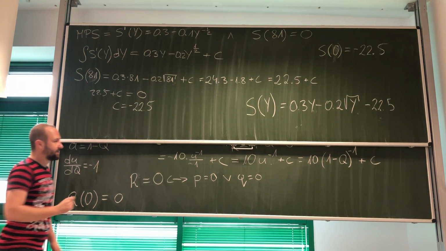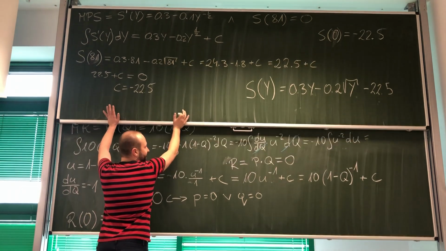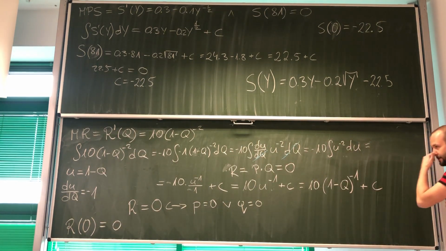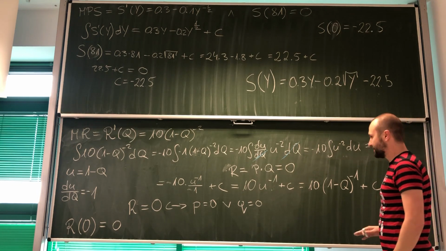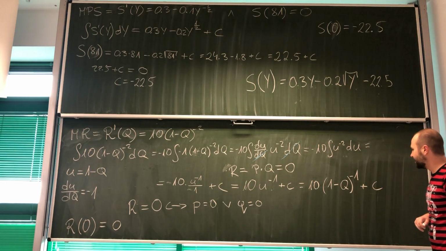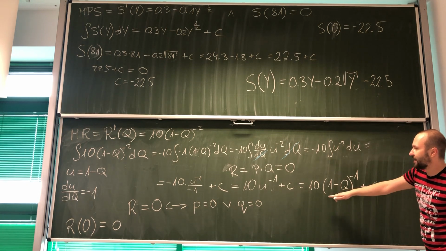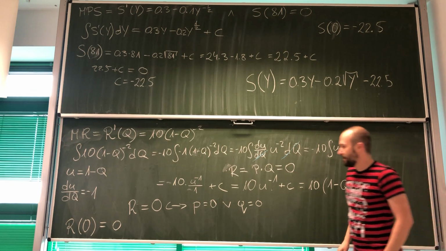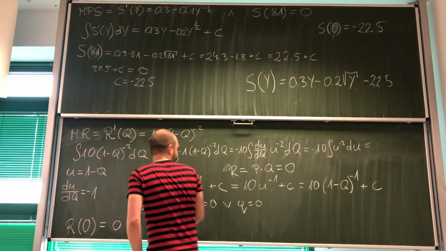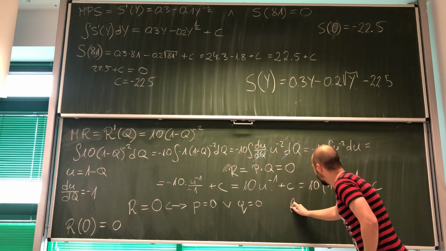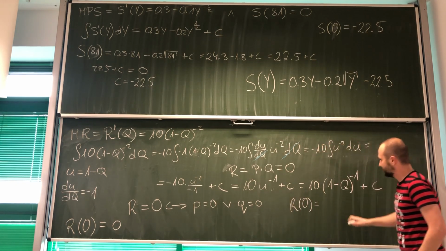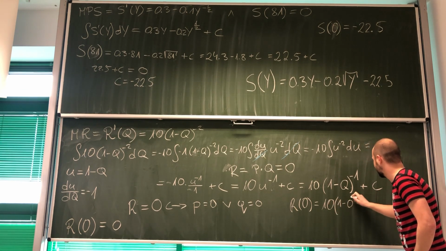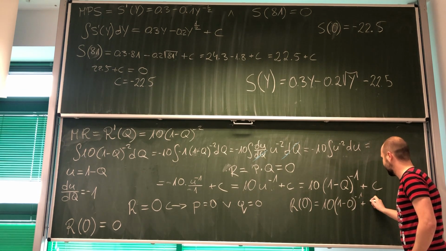So look, we get out of this that total revenue R of 0 is equal to 0. Okay, let's proceed. Knowing this, we can easily definitize our constant, right? Because in this expression we can simply substitute 0 for q. So we get that R of 0 is equal to 10 times (1 minus 0) to the power negative 1 plus c.